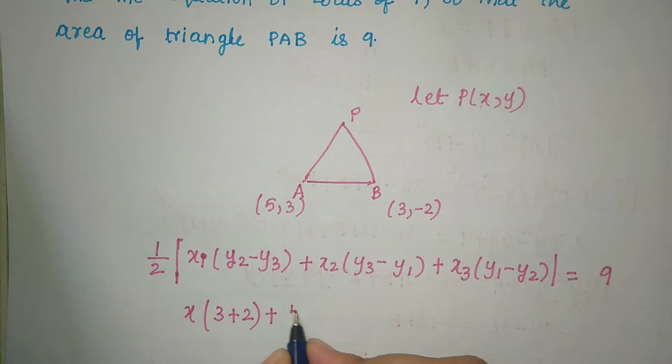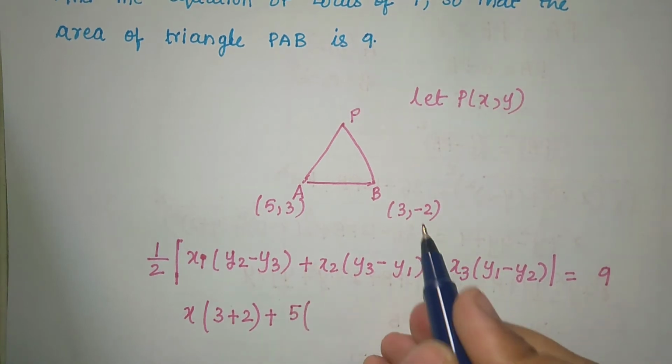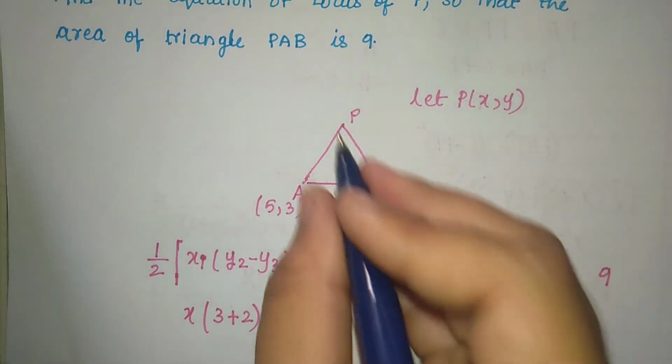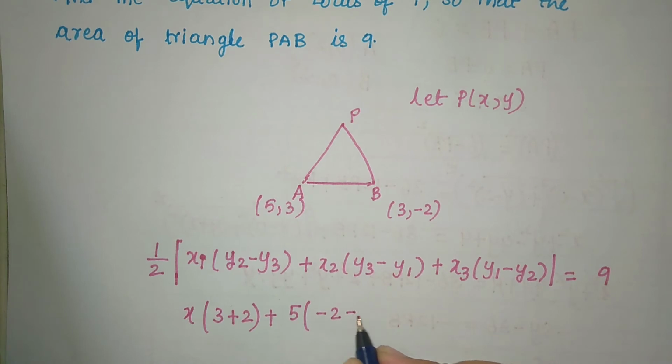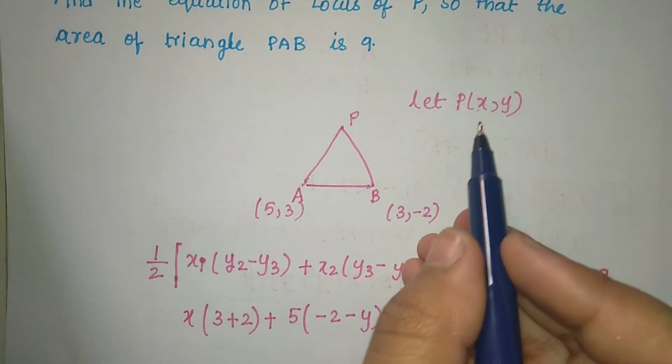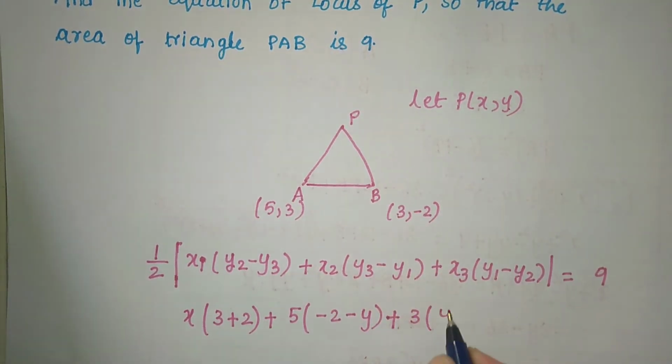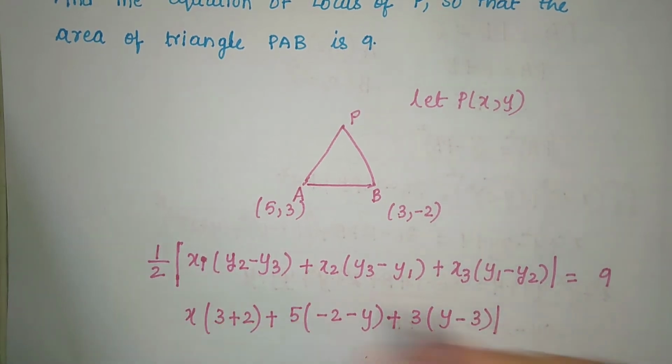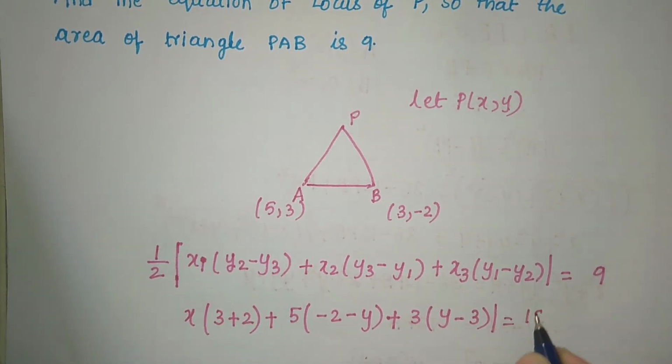x2 is 5. y3 is minus 2, plus minus y, plus x3 is 3. y1 is y minus 3 is equal to, sending to this side, it will become 18.